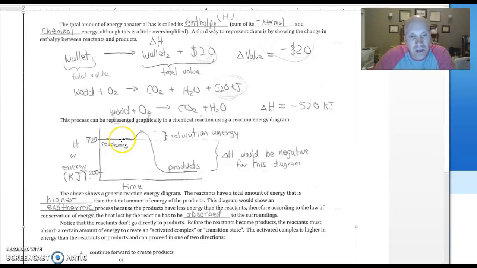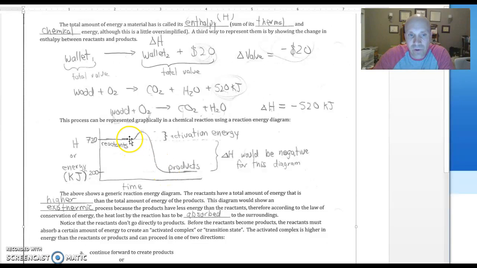But notice that it doesn't go straight from reactants to products. You actually have to go up a little bit in energy before it comes back down and gives the products. One way to think about this is to think about a match. Does a match just spontaneously catch on fire and give that heat off?